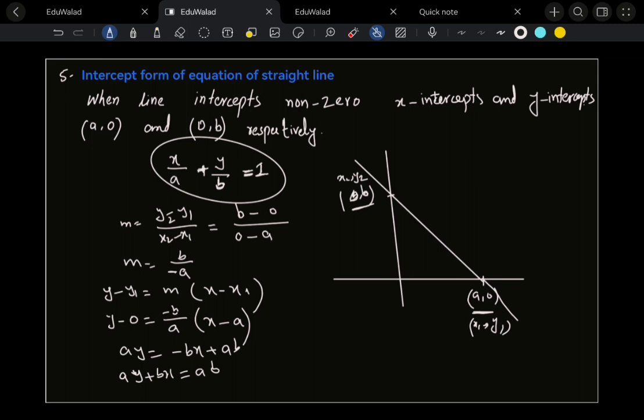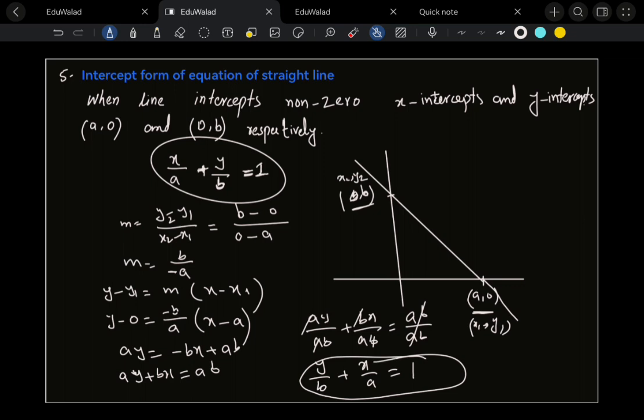If we divide both sides by ab, then ay over ab plus bx over ab equals ab over ab. This cancels out, and the a cancels out. So y over b plus x over a equals 1. So this is the equation of straight line in intercept form.